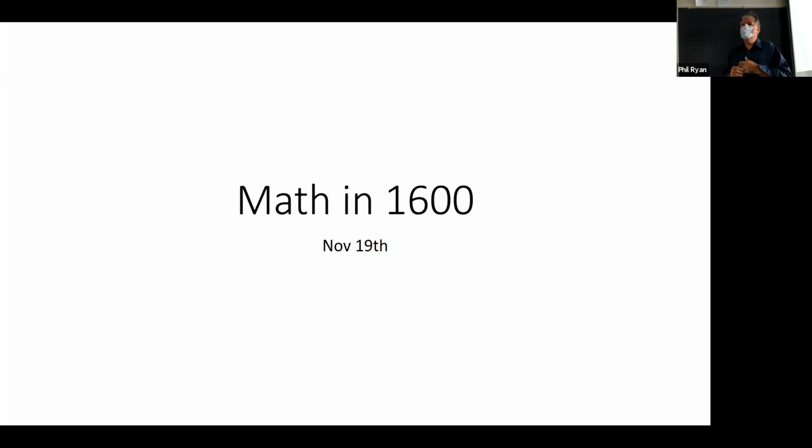We've seen the importance of invention. When we started out doing arithmetic, we talked about the dust board and how people did arithmetic with it. And then later on, paper was invented.